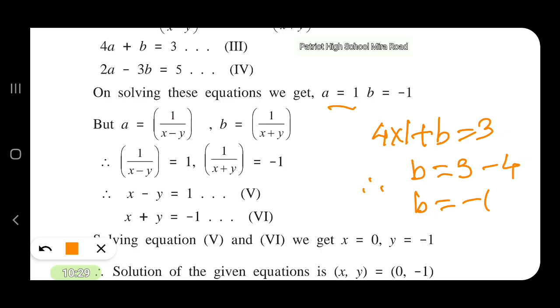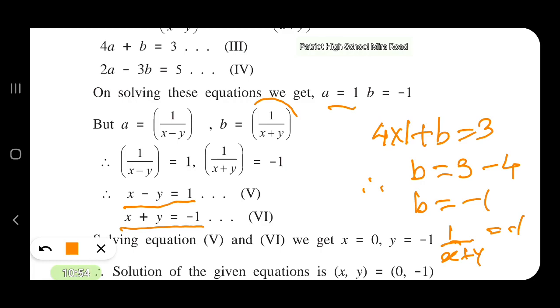But b is equal to 1 upon x plus y. Therefore 1 upon x plus y is equal to minus 1. Therefore x plus y is equal to minus 1. So we have two new equations, fifth and sixth.